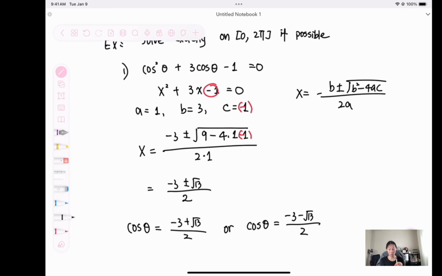But remember that we learned something before, the arc, the inverse function. So right now I want to solve this inverse function and this inverse function. There's two ways to write it.